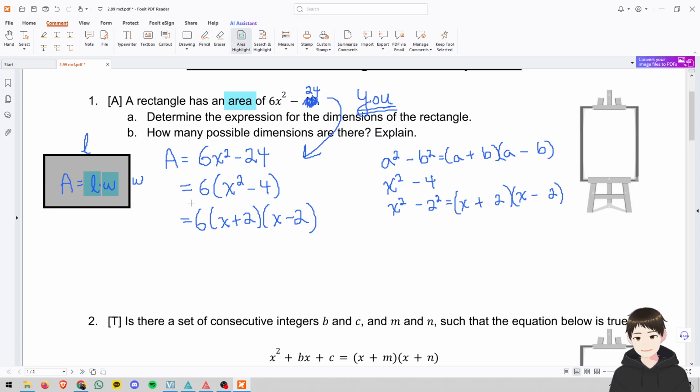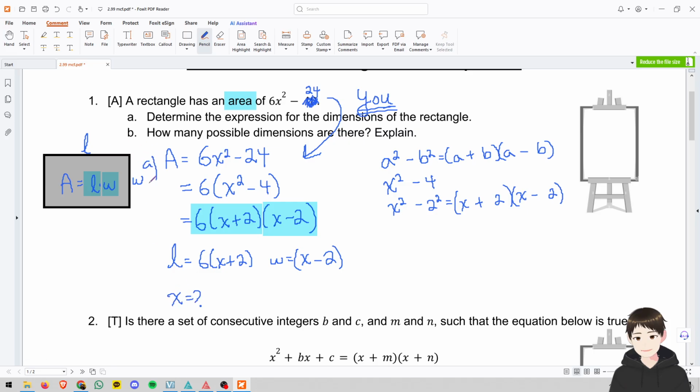So determine the expression for the dimensions. I'm just going to arbitrarily say that 6 goes with one of the x's, and the x minus 2 goes by itself. We'll say the length could be 6 times x plus 2, and the width could be x minus 2. How many possible dimensions are there? Well, this is the only expression that's possible, but we don't know what x is.